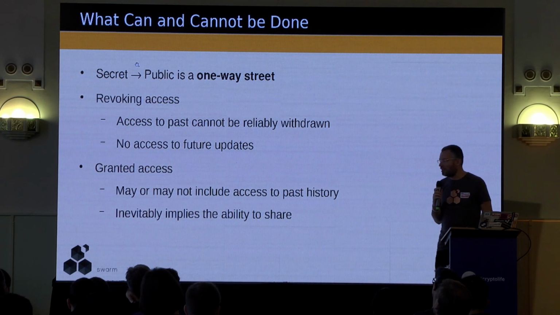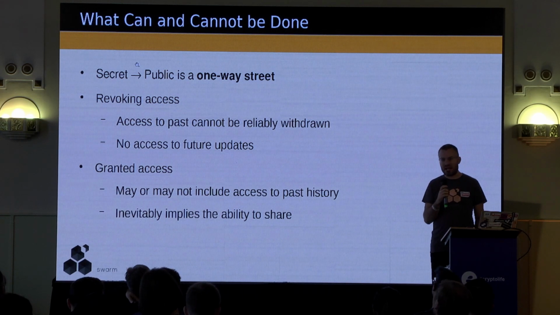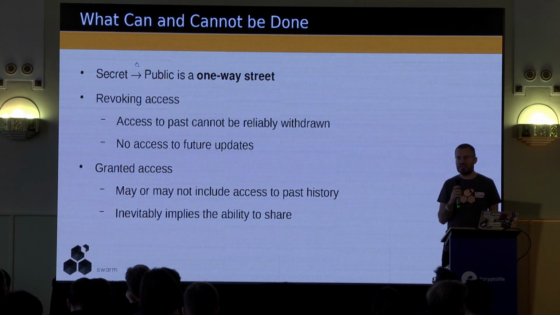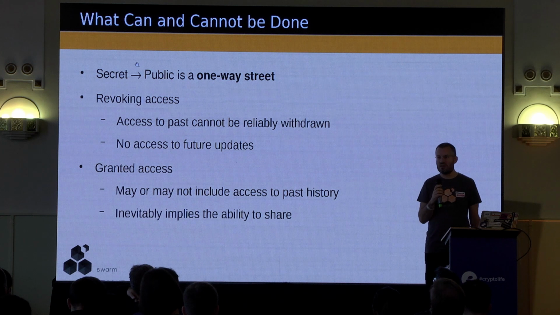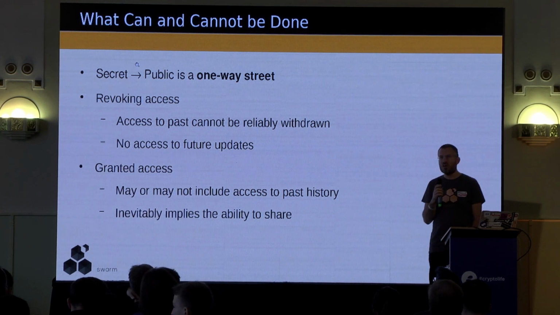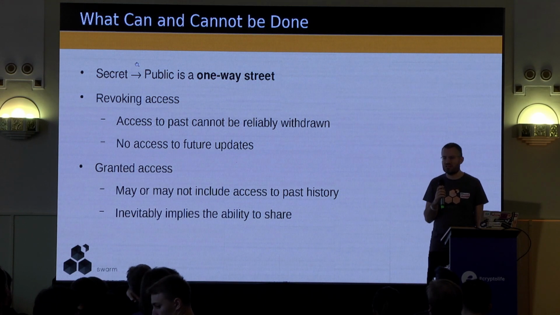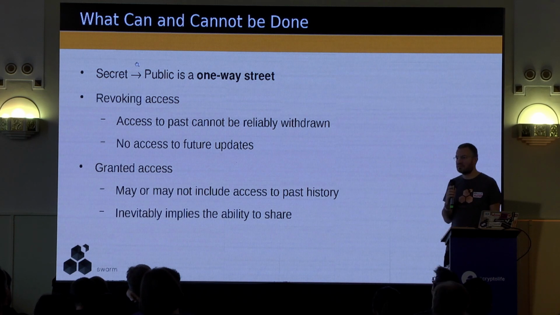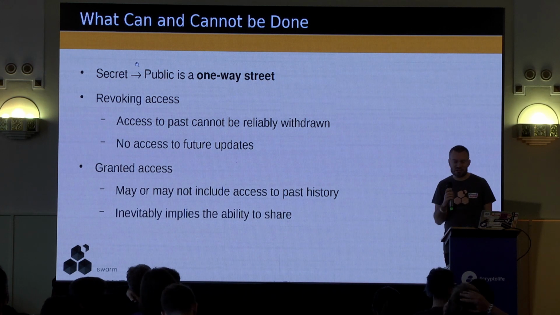But definitely, once you grant read access, it immediately implies the ability to share. So whereas in a centralized system, you can sort of distinguish between the two, that somebody can access something, but they cannot share. Of course, that never works quite well, because you can still copy the data and then share it. But in decentralized and permissionless systems like Swarm, the two things are one and the same. You cannot separate these two.